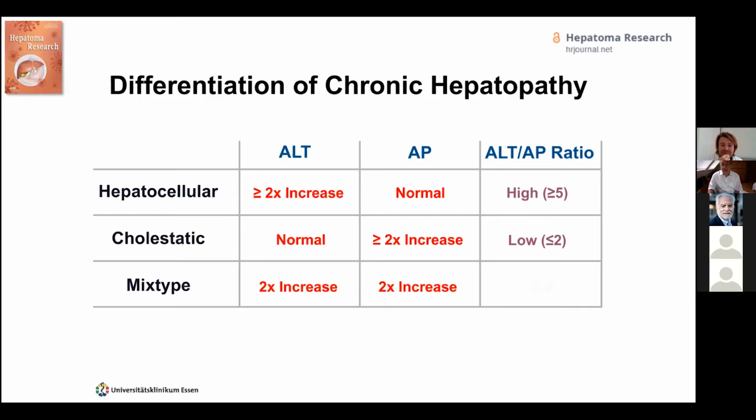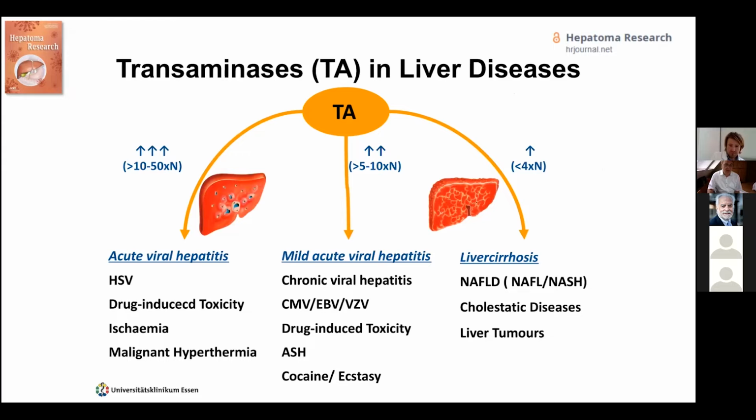This means first of all hepatocellular damage, or we have mostly increased cholestasis markers like alkaline phosphatase. Then we have cholestatic disease, and we can also have a mixed type where we have both of these diseases. And last but not least, by looking at the transaminase levels, we can differentiate into different diseases.